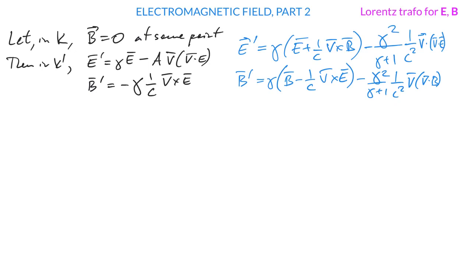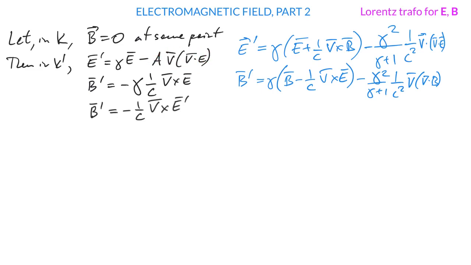Now, in this case, we can write B prime as minus 1 over c v cross E prime. This is because v cross v is 0.